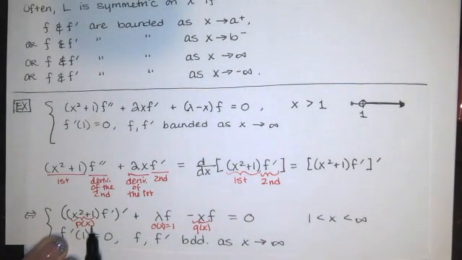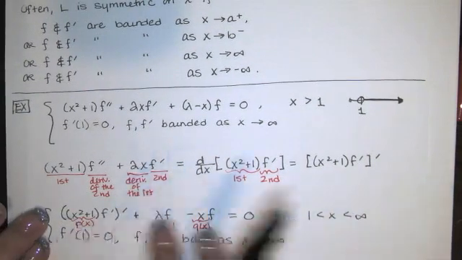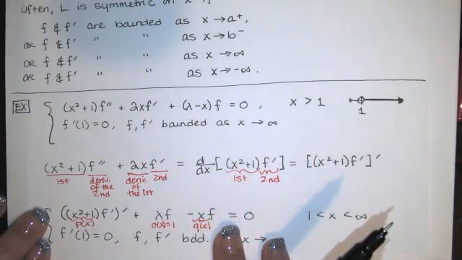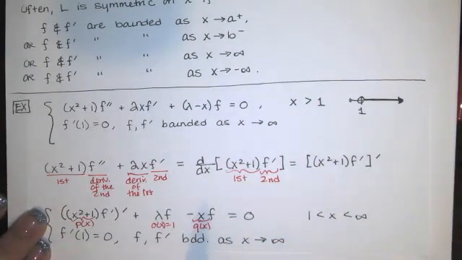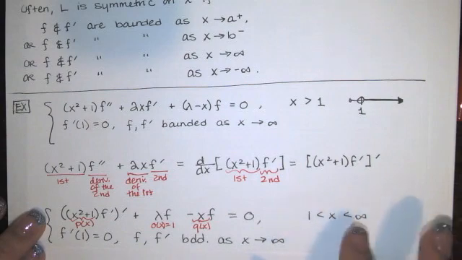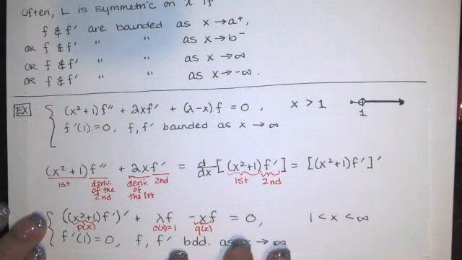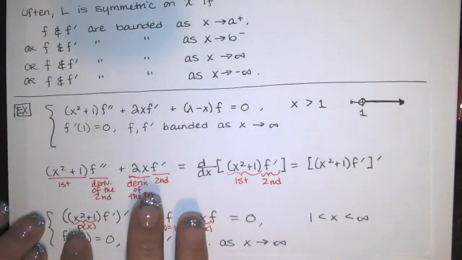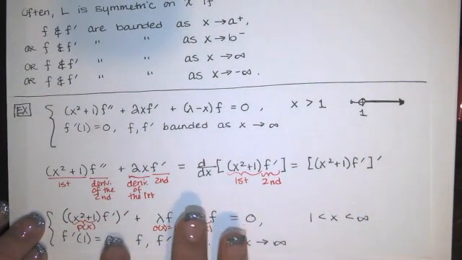Sigma is positive, P of X is positive all the time. And even though I've got this QF and lambda F in the reverse order, we can see that this is in the form of the differential equation that we see in our Sturm-Liouville problems. So this is truly a Sturm-Liouville problem, but we've got an infinite interval of interest. So that means we've got a singular Sturm-Liouville problem. I've got two boundary conditions, one specifying what happens on the left, one specifying what happens on the right.